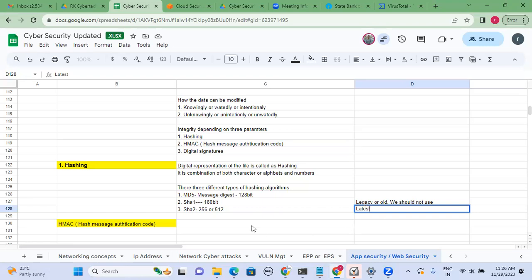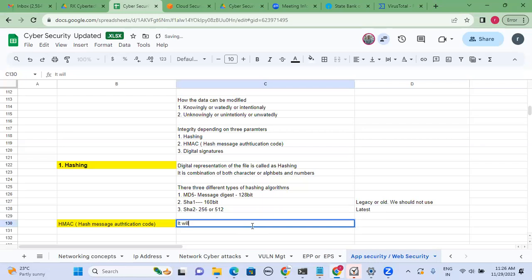It will represent who has modified or added the content of the data or body of the data.